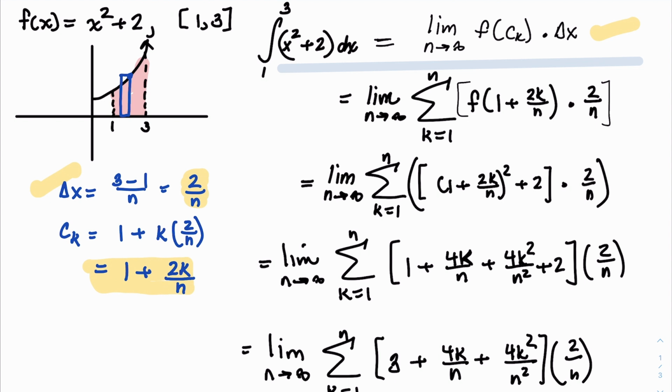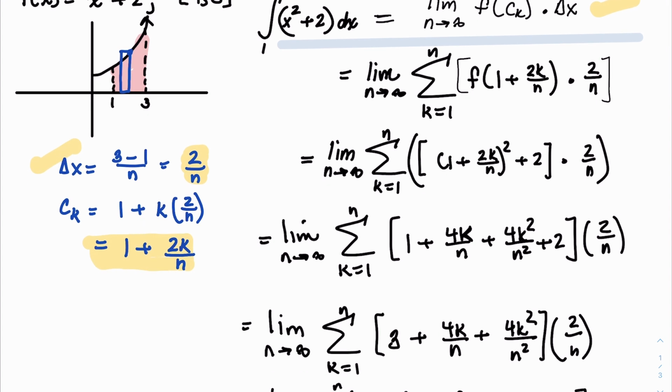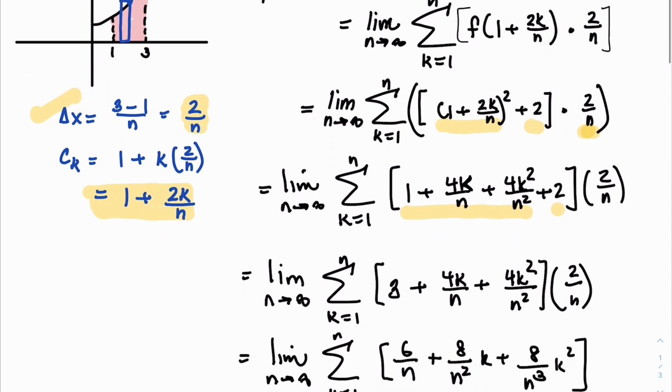So here we go. Since f of x is x squared plus 2, that means we have 1 plus 2k over n squared plus 2, and then we have the times 2 over n. So then we just simplify. Squaring 1 plus 2k over n, we have these three terms, and then the plus 2, still all multiplied by 2 over n.